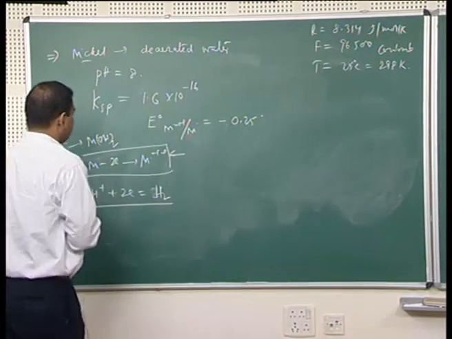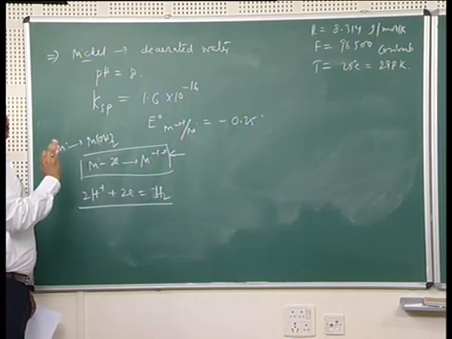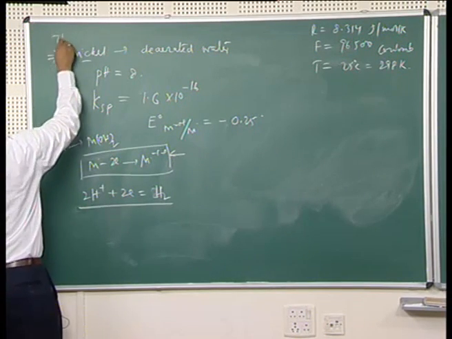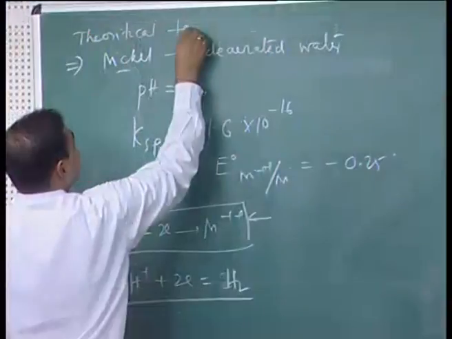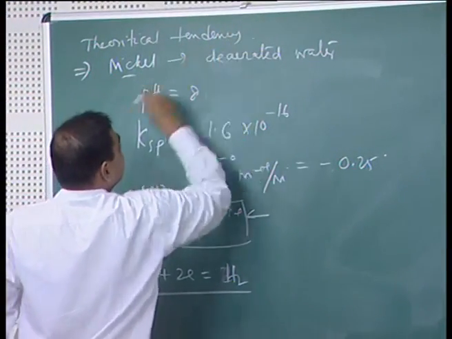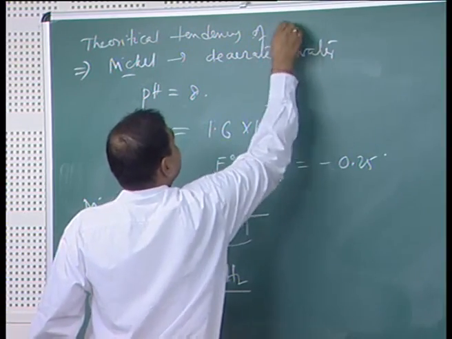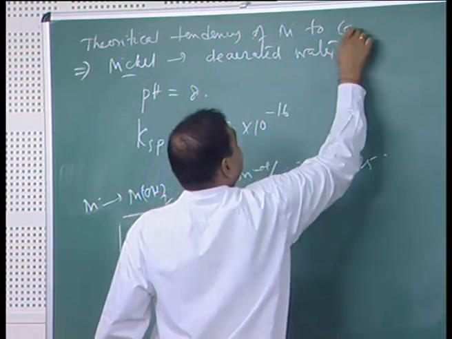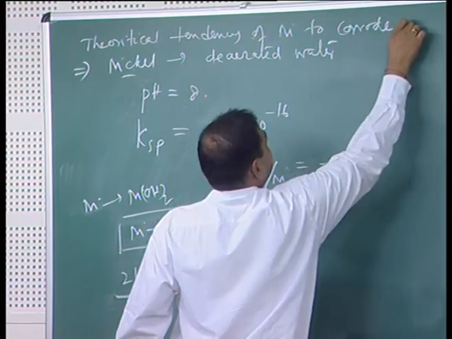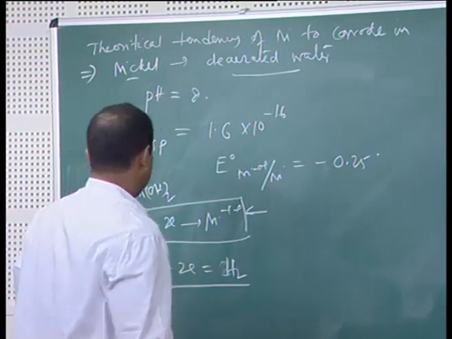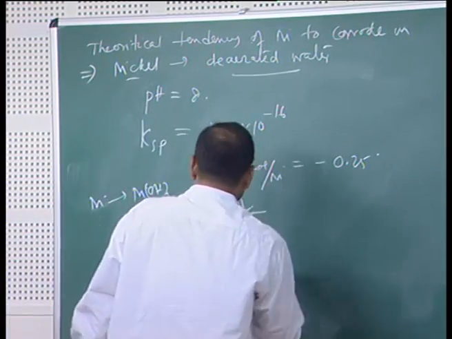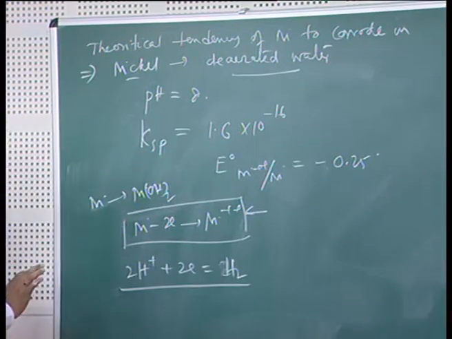Now let us assume that nickel is actually corroding. So we have to find out the theoretical potential of nickel to corrode in this solution. Fine. So now let us assume that this reaction is happening actually in the system, and this reaction is also happening.